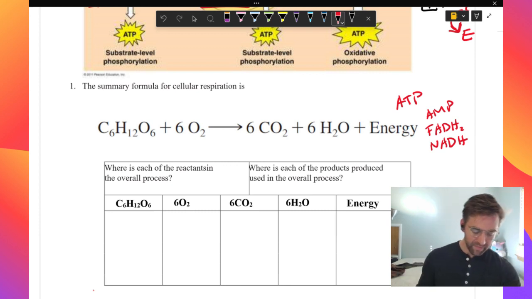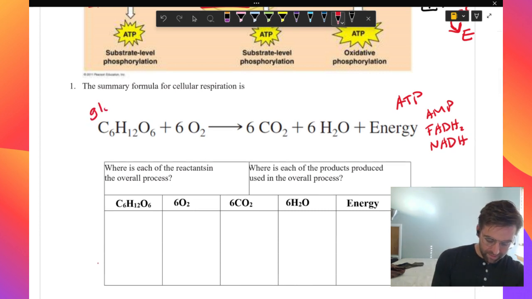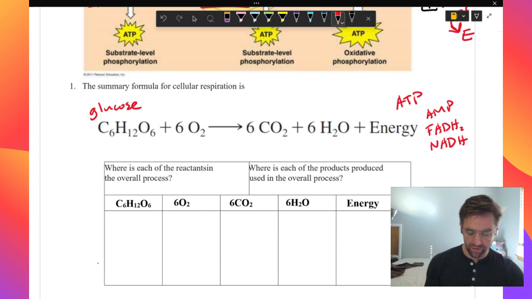So, the summary formula for cellular respiration is: 1 molecule of glucose plus 6 equivalents of molecular oxygen is transformed to 6 molecules of CO2, carbon dioxide, 6 molecules of water, and energy.